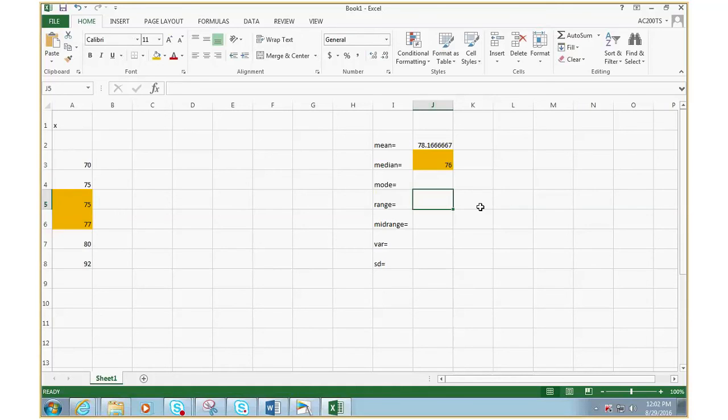Range, mode, there is no mode. NA, at least I don't think there is. Oh, yeah, there is. 75. Range is equal to the highest minus the what?